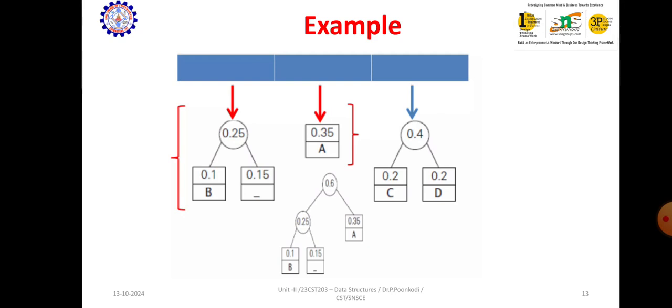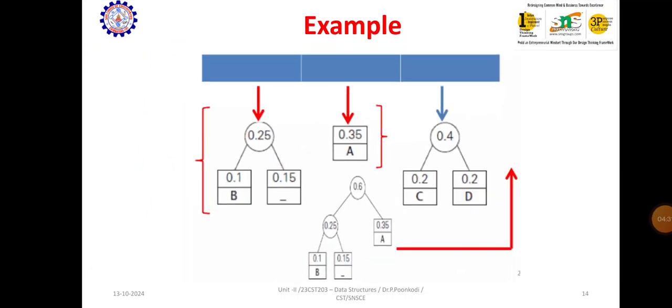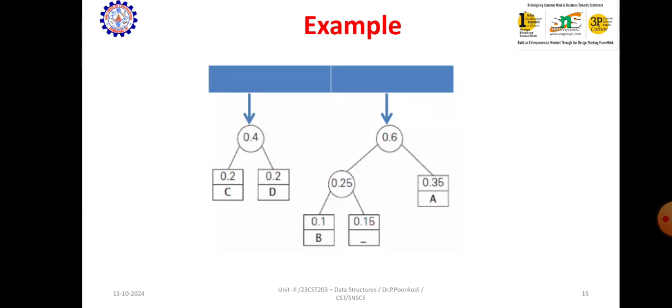Among these 3 values, 0.25 and 0.35 are smaller, so combine these 2 and form a new tree. 0.25 plus 0.35 is 0.6. It is attached over there. The 0.6 is greater than 0.4, so we have to move these 2 here and insert this 0.6 like this.